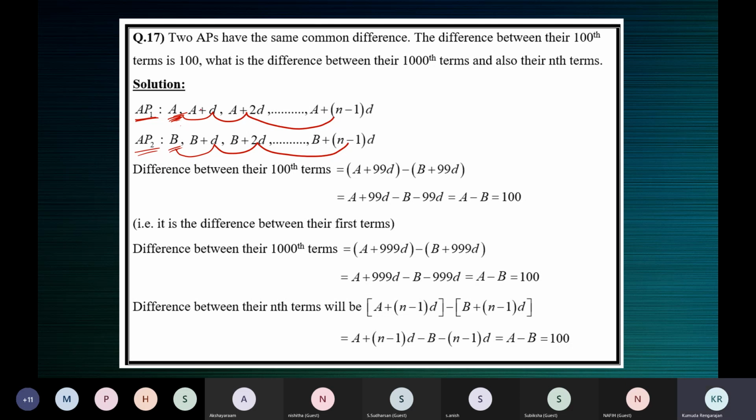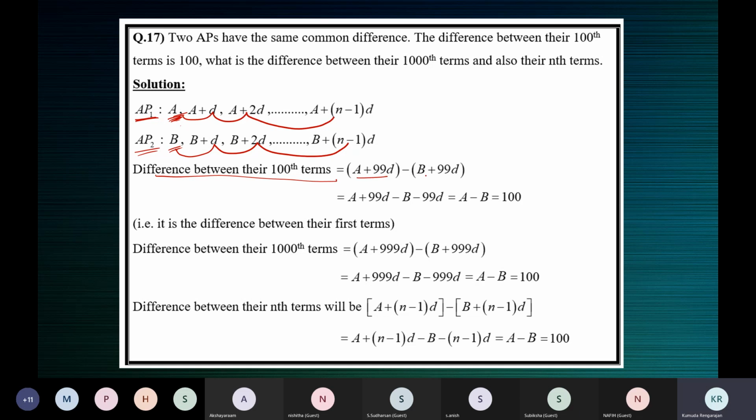Now we have generated the two APs. It's given that the difference between their 100th terms is 100. How will you find the difference?